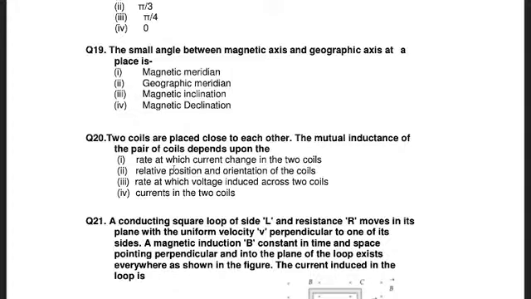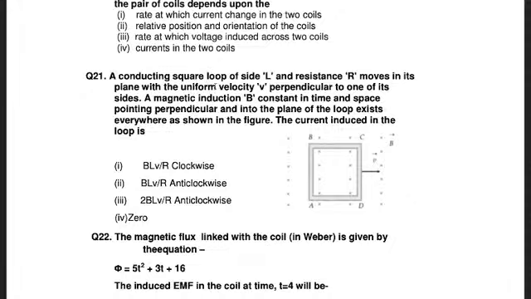Question number 21. A conducting square loop of side L and resistance R moves in its plane with uniform velocity V perpendicular to one of its sides. A magnetic induction B, constant in time and space, pointing perpendicular and into the plane of the loop exists everywhere as shown in the figure.